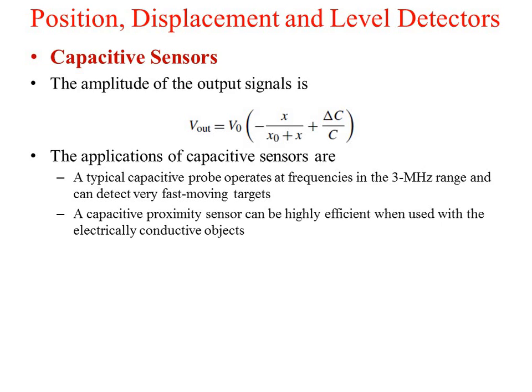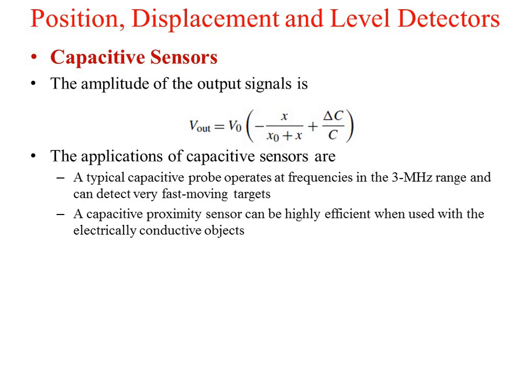You can use it in a probe, for a capacitive proximity sensor, and for measuring level also. Such capacitive sensors are used in many applications. It can be used for touch, you may measure force, you can measure displacement.